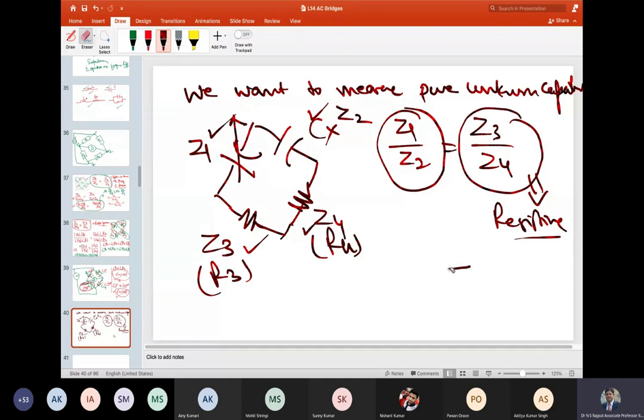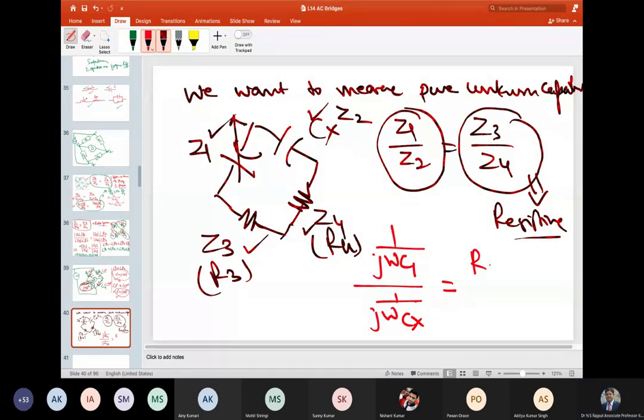So I can certainly arrive at a condition of balance, that is, if I simply consider this, it will be 1 by j omega c1 divided by 1 by j omega cx, which is unknown, is equal to R3 by R4, right?